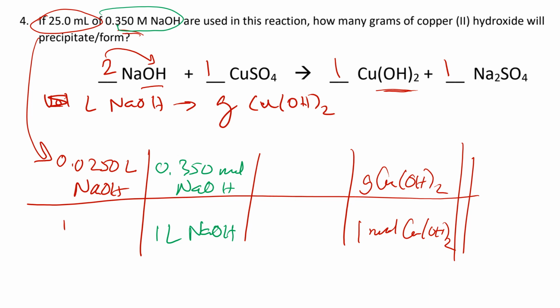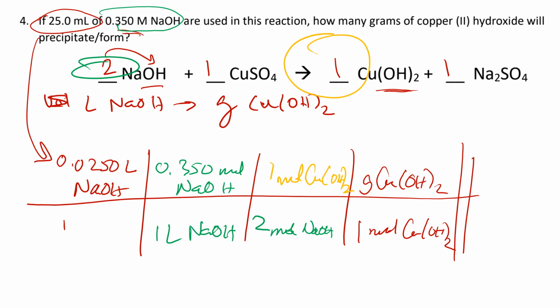So I'm going to now take this unit of moles of NaOH and I'm going to convert this to moles of CuOH2, and this is my mole to mole ratio. So I'm going to take this number here, and my NaOH, I'm going to take that number and put that there. So next, I'm converting my moles of copper 2 hydroxide to grams.